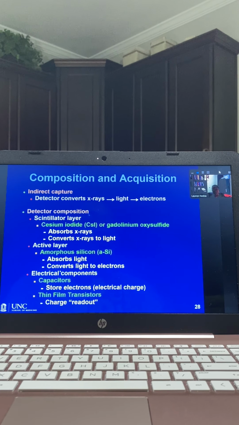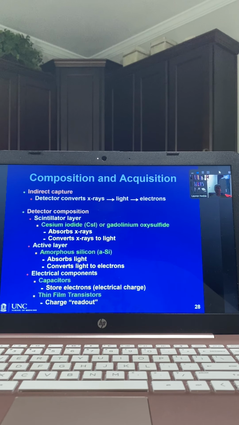Then that light will interact with the active layer of the DEL, and the active layer of the DEL for an indirect flat panel is amorphous silicon. So it's amorphous silicon, and it's abbreviated as A-SI. That silicon will take the light and convert it to electrons.